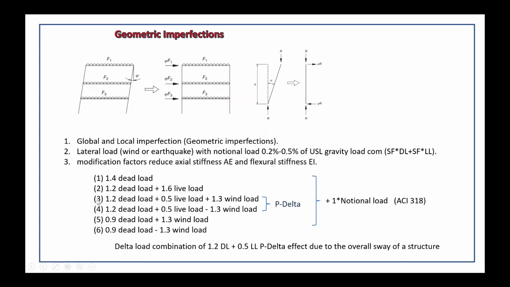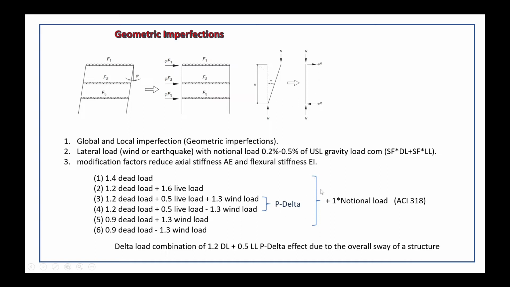Sorry, in this one it is 3, 4. Load combination the dead load plus live load plus wind load. We can design it for the P-delta analysis. Include P-delta analysis. You can check 1.2 and 1.05 is the gravity load, and 1.3 wind load is the lateral load. So when you do a P-delta analysis, you must include the global imperfection and local imperfection.